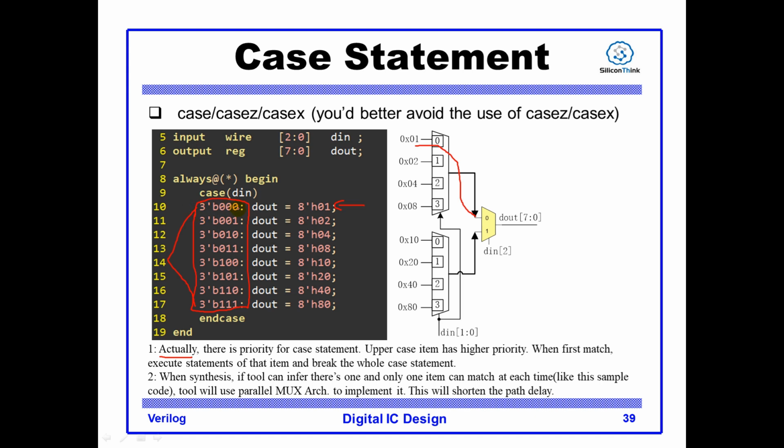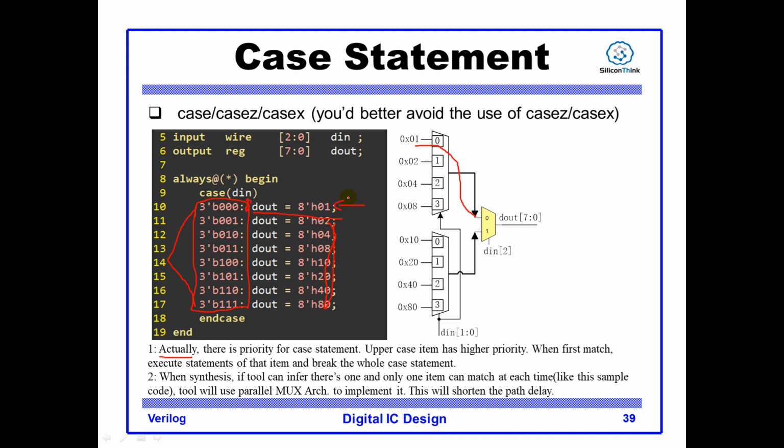It will compare the value of this item with D in first. If it matches, it will execute this line and break the whole statement. So all of these other lines will not be executed in this case.